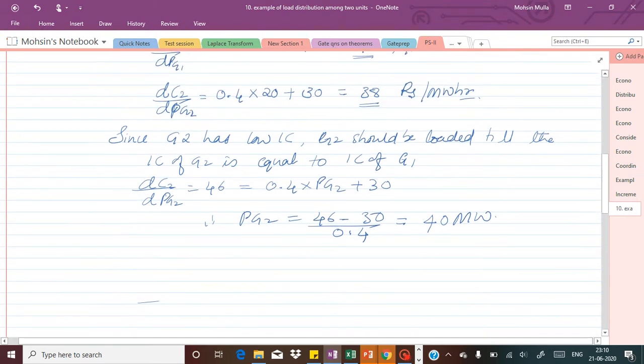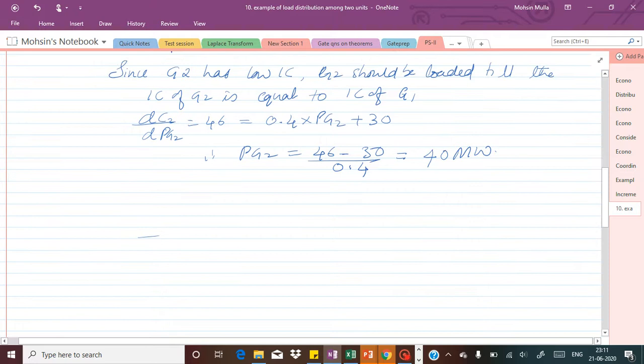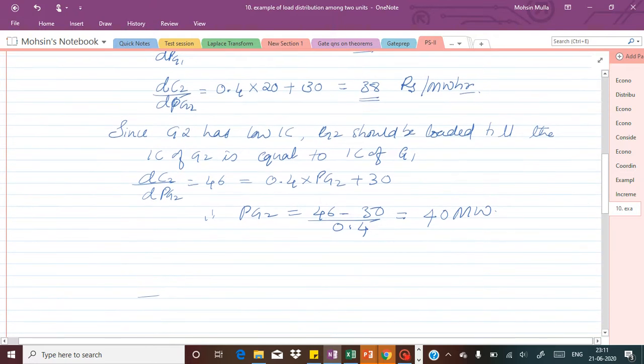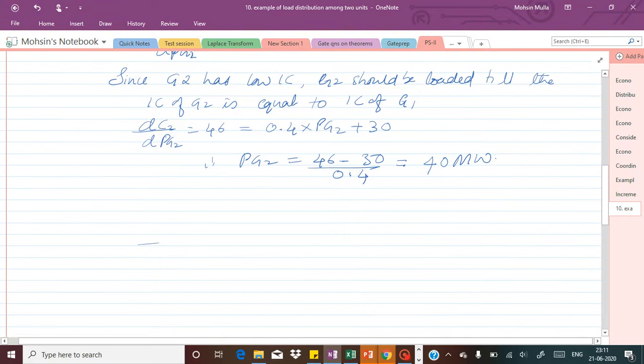Or you can say between the total demand. Here PD we have already seen as 50 megawatt. So another 20 megawatt can be added, since the minimum capacity is 20 megawatt, and to reach 40 megawatt another 20 megawatts can be loaded to generator 2.